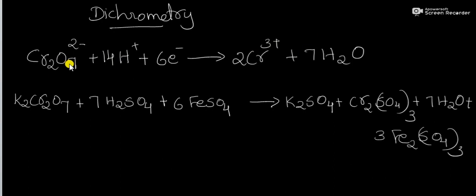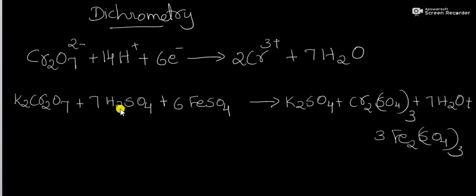Here Cr2O7 2 minus is our dichromate ion. In the presence of acid medium, it will be reduced into Cr3 plus ions, which are green in color.